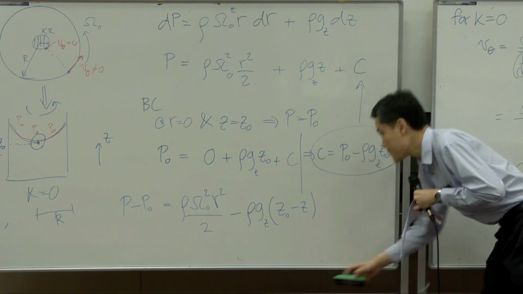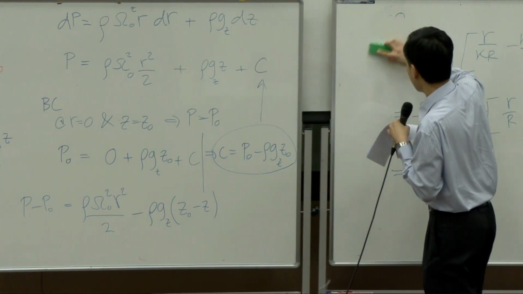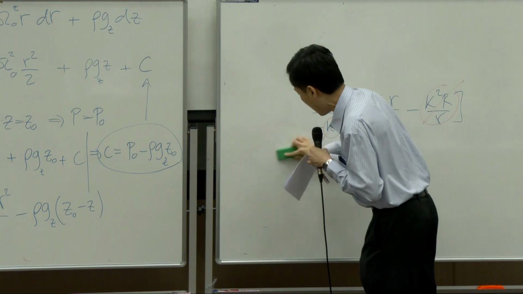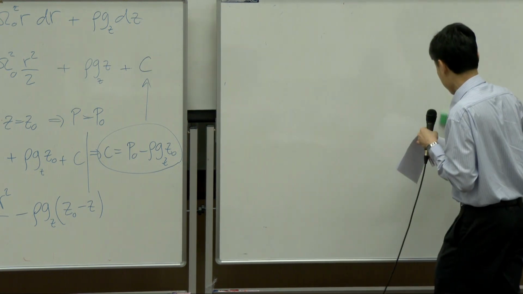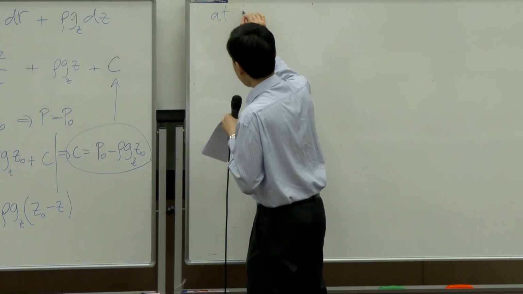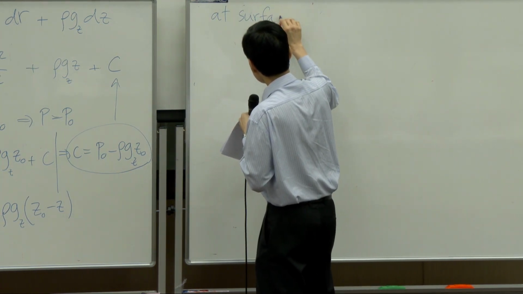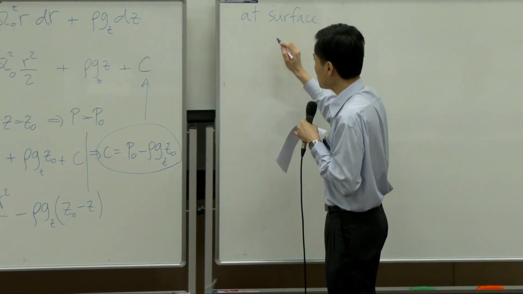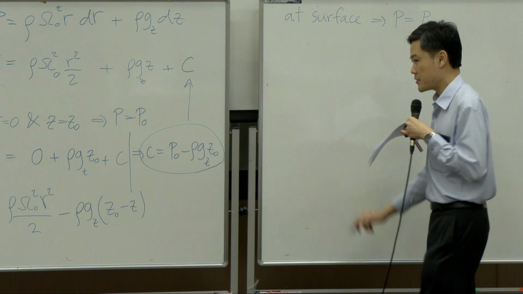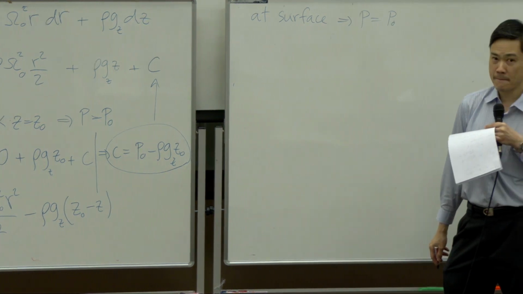So if I consider the surface of the liquid only, what we know is that pressure would always be P0.